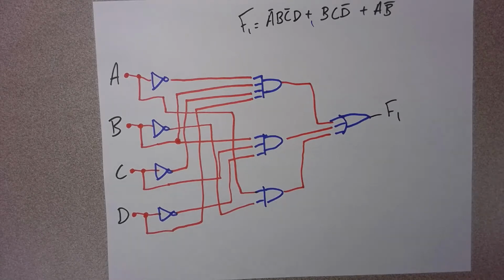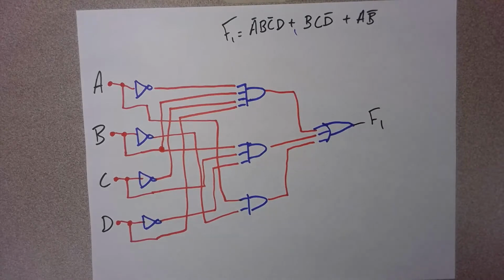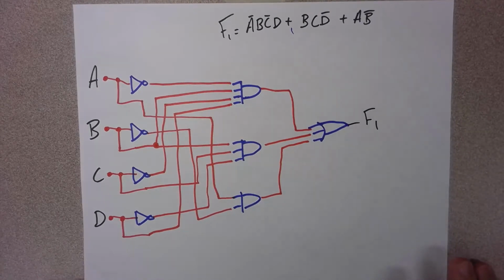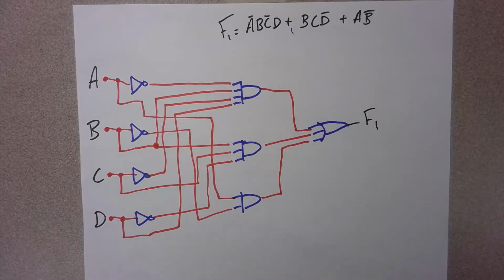Obviously, the longer your logic expression, the more complicated this is going to be. But in this class, we don't typically have 4 input AND gates. For AND gates, we normally only have 2 inputs and sometimes 3 inputs.